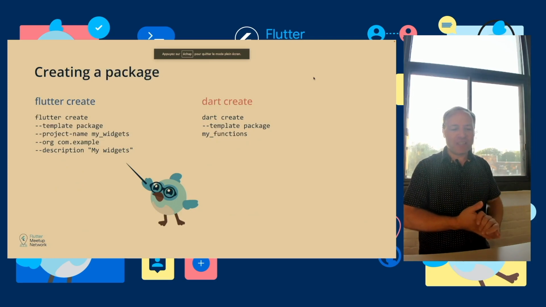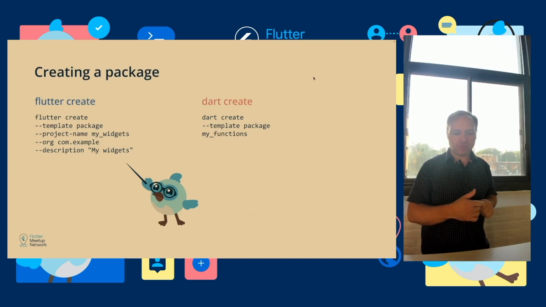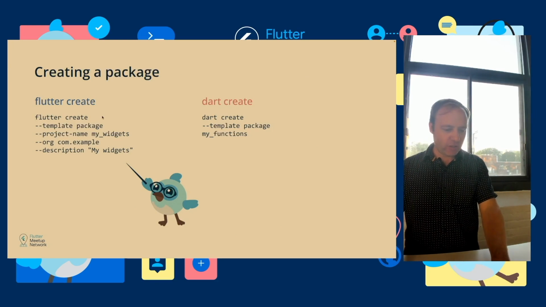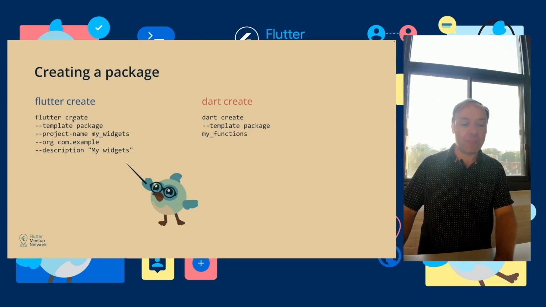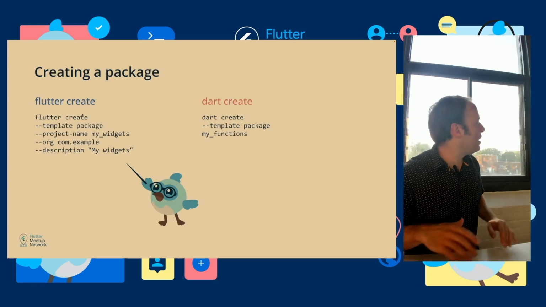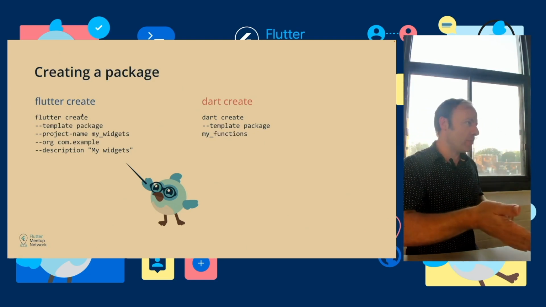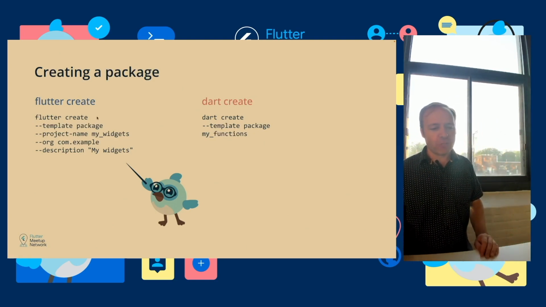All right, creating a package. As you might know, Flutter allows you to build cross-platform apps, and that's why I'm using a Mac, because I can use an iOS emulator as well as an Android emulator.